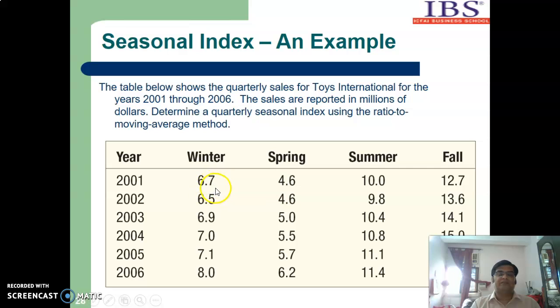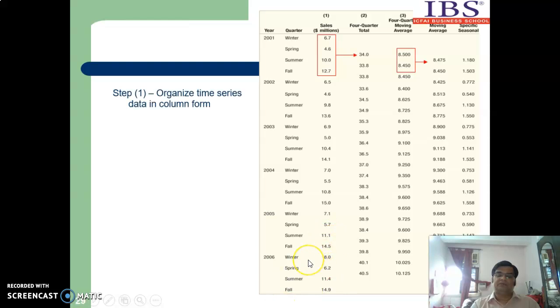So $6.7 million is the sales in the year 2001 in the winter. That means I have divided my data into first the year and then the year into quarters. So this is my format of data.